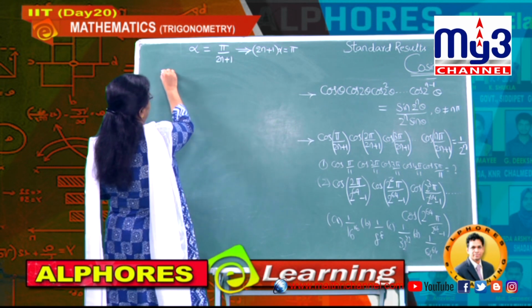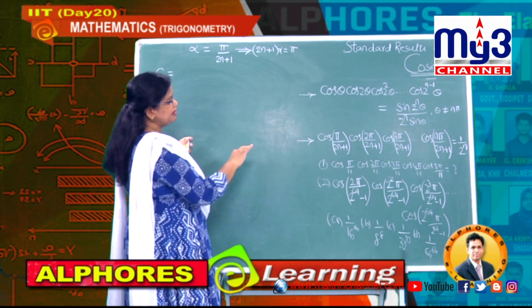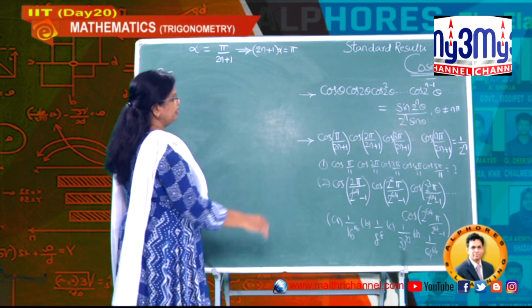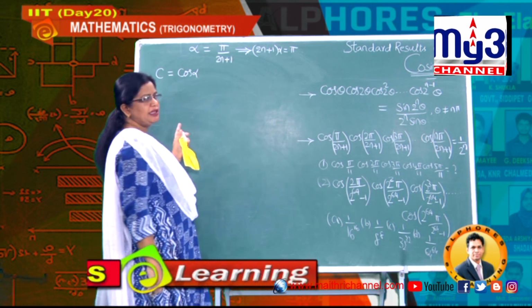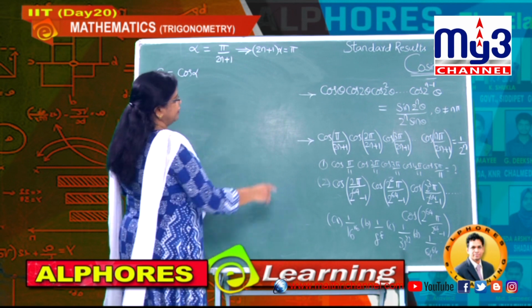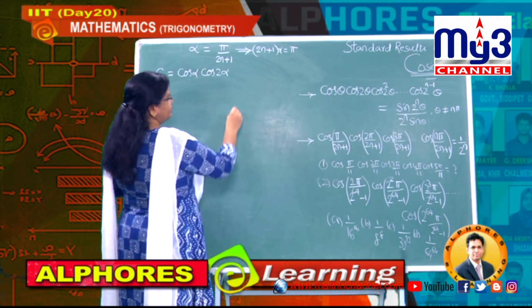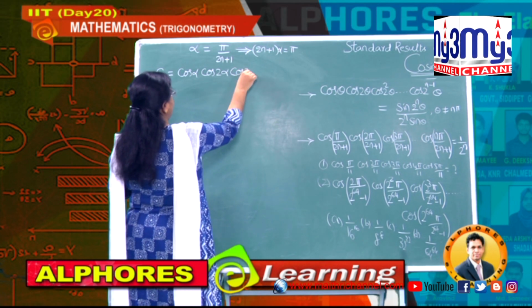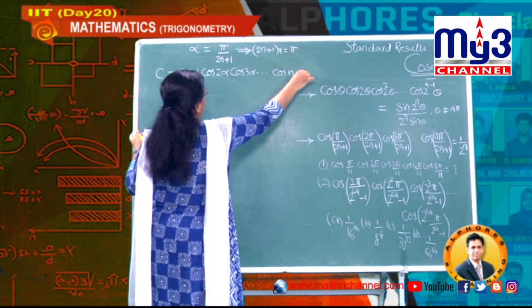Now let's start the problem as C equal to. Our C means representing cosine values. Now this is cos alpha, because big terms are there. Instead of writing those big values, let us write as alpha. And next value is cos 2 alpha, and next value cos 3 alpha, etc. It is nothing but cos the last value n alpha.